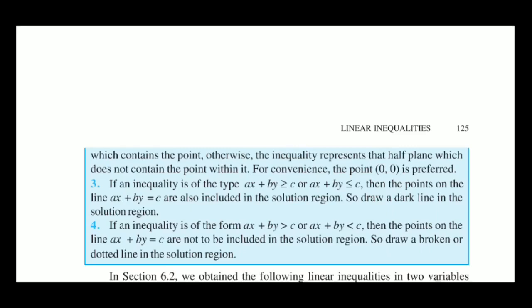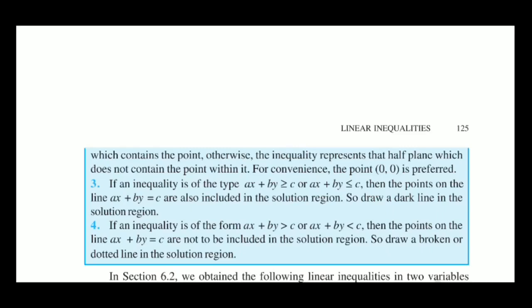And now see the third. If an inequality is of the type ax plus by is greater than or equal to c, please note down, ax plus by is greater than or equal to c, or ax plus by less than or equal to c, then the points on the line ax plus by equals c are also included in the solution region.